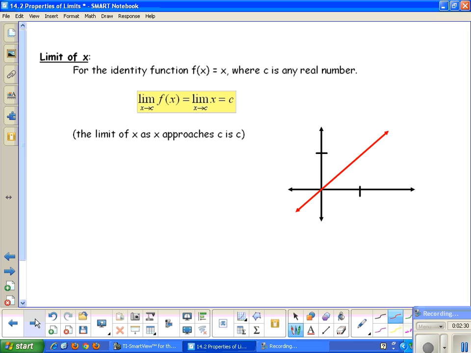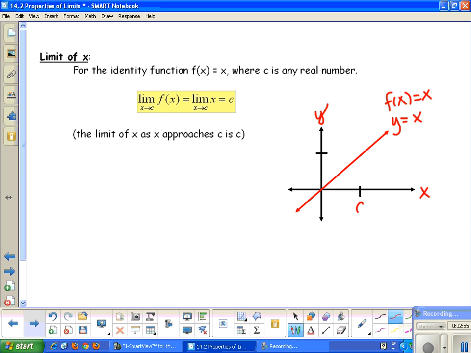Now, the limit of x, which we call the identity function, if you recall from our parent graphs. So this is y equals x, or you could say f of x equals x. This is your x-axis and your y-axis. The property says that the limit of the identity function x is going to be equal to whatever value it is that you're trying to find for the limit.